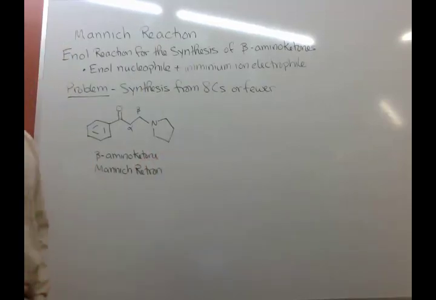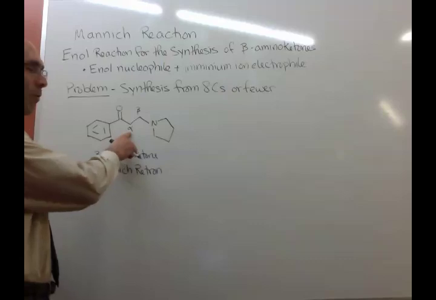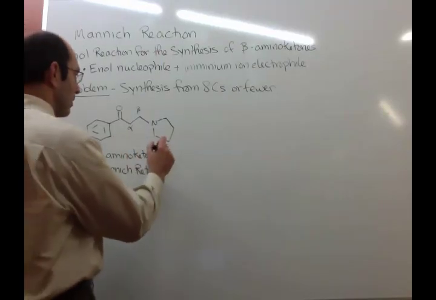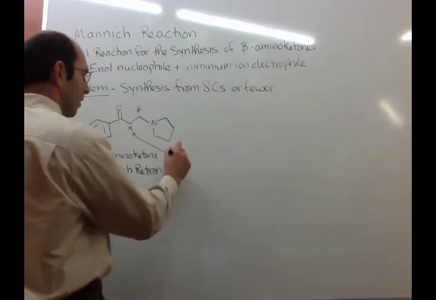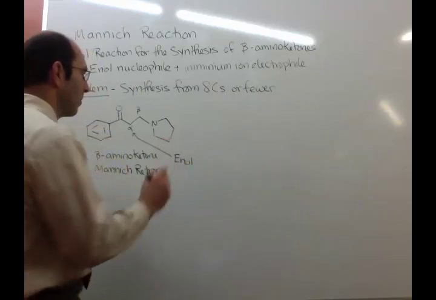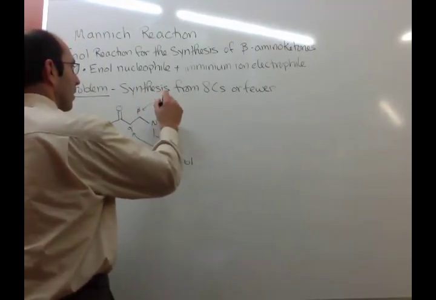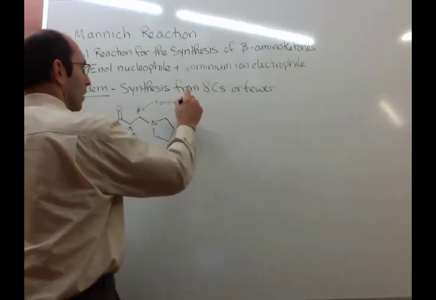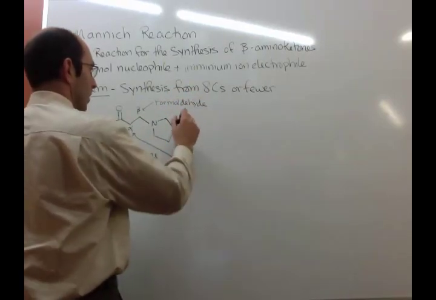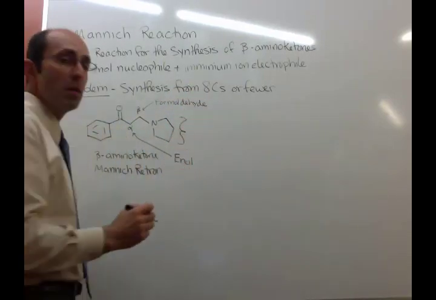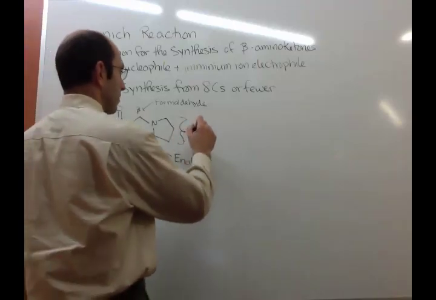And when we think about what happened in the Mannich reaction, we use the alpha carbon as the enol. So that's going to be the enol. The beta carbon came from formaldehyde. And then the amine piece was the secondary amine.